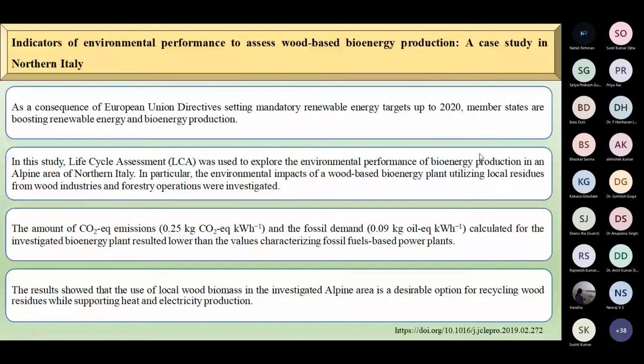So it is a wood-based bioenergy plant, and the amount of CO2 emitted is just 0.25 kg CO2 equivalent per kilowatt, and the fossil demand is 0.09 kg oil equivalent per kilowatt, which was calculated for the investigated bioenergy plant, and it resulted lower than the values characterizing fossil fuel based power plants.